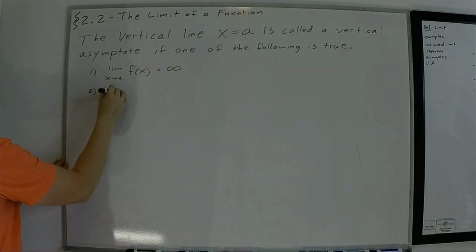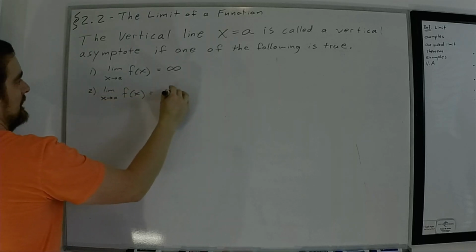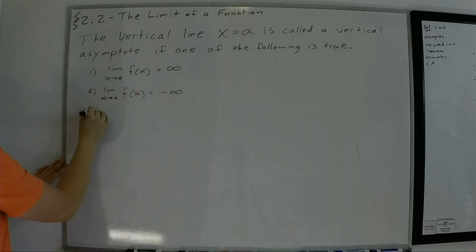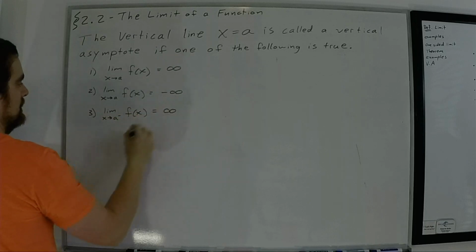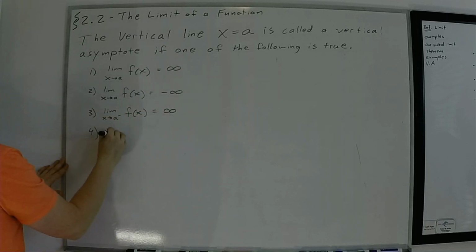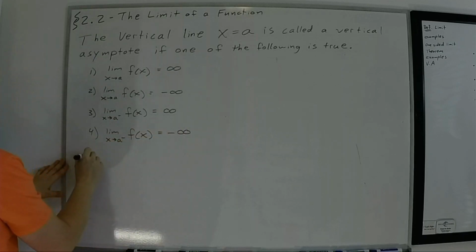The limit as x goes to a of f of x is negative infinity. The limit as x goes to a from the left of f of x is infinity. The limit as x goes to a from the left of f of x is negative infinity.